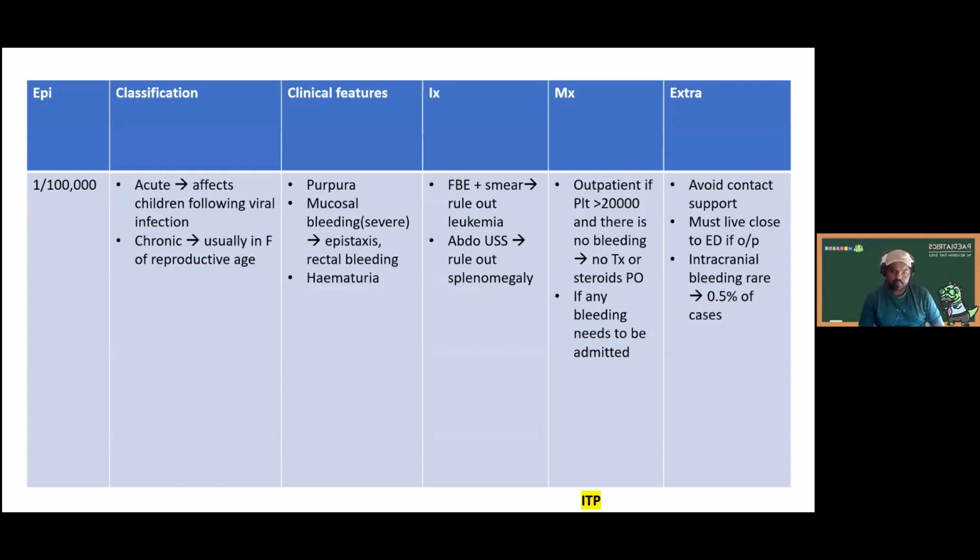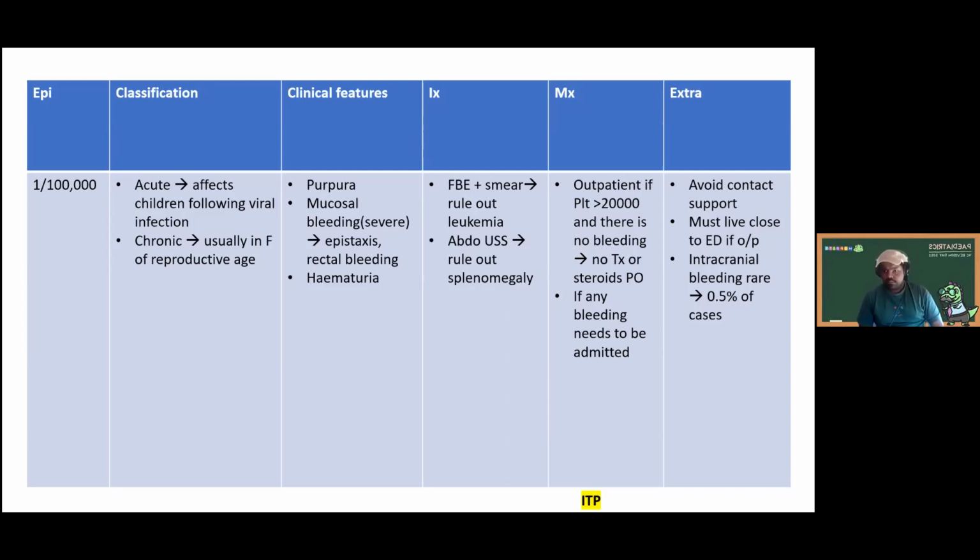In severe cases, you can have things like mucosal bleeding, epistaxis, or melena, and even hematuria. On investigations, you're going to do an FBE and a smear. The FBE will show low platelets, and the smear is really there to rule out leukemia. And you'll also do an abdominal ultrasound if you can't say definitively on exam that there's no splenomegaly.